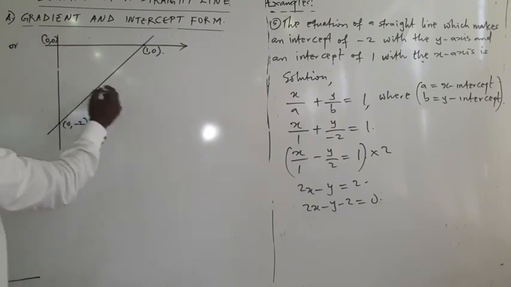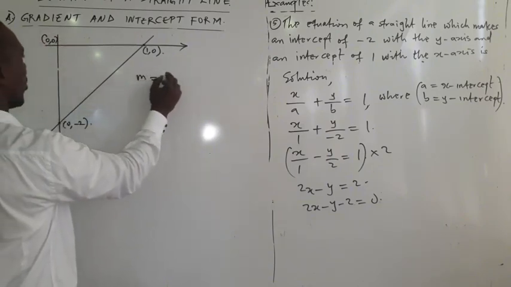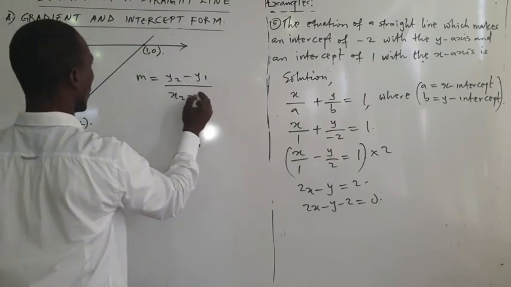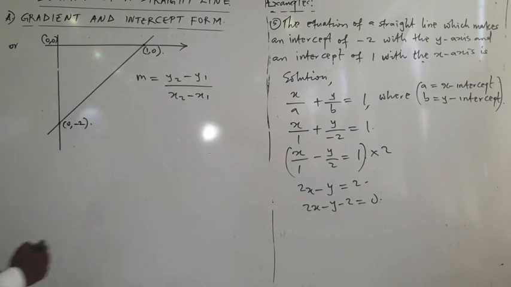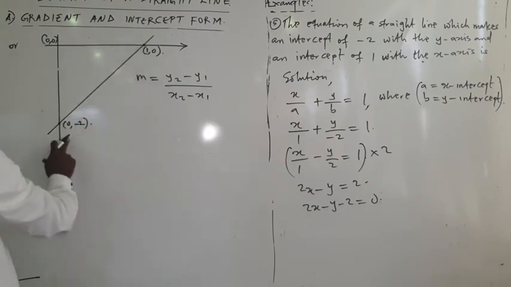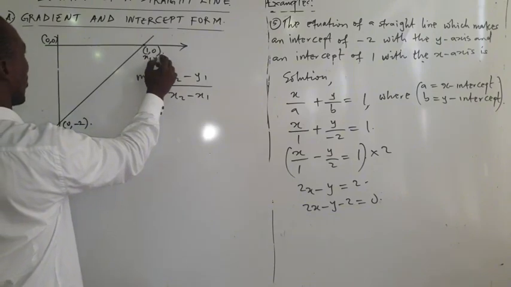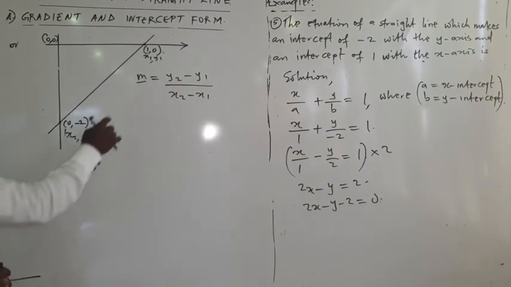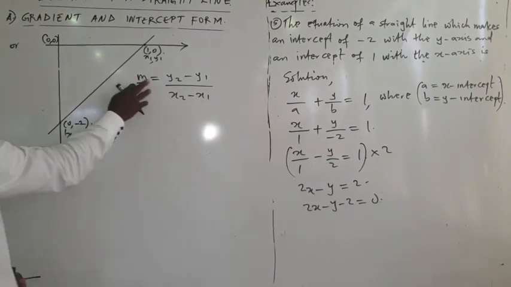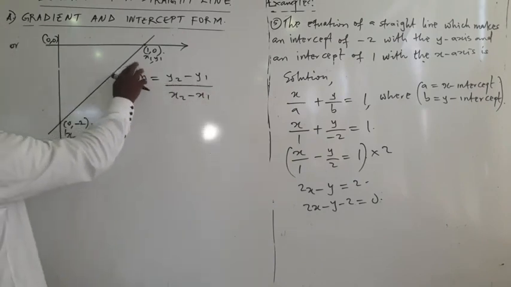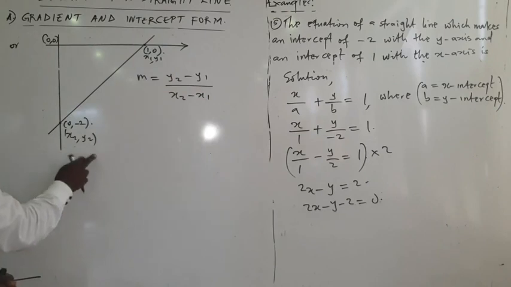Mind you, the gradient is given as y2 minus y1 all over x2 minus x1. Going by these two points, this is our x1, y1. We are going to look for the gradient first, which is y2 minus y1 over x2 minus x1.